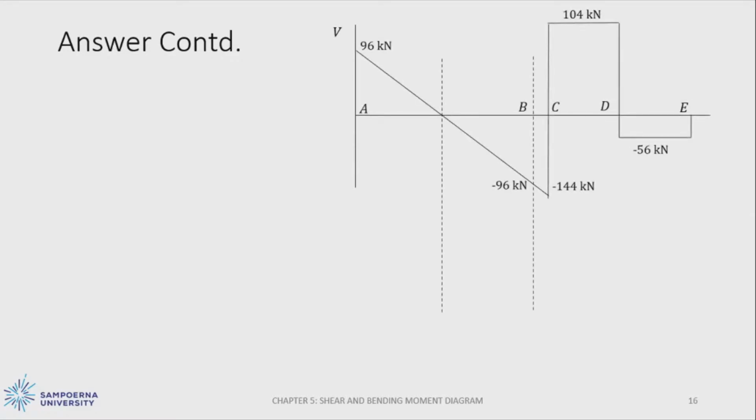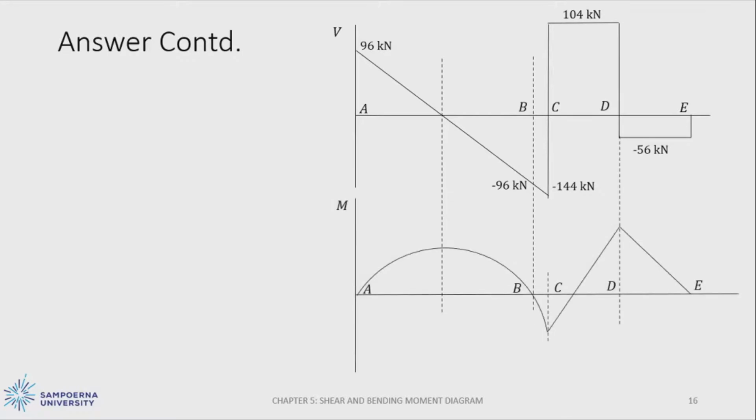From the shear force diagram that has been created, we can create the bending moment diagram of the system. Then for the value of the bending moment, we can obtain it from the calculation that has been done before, such as MA equal to 0. We have a 0 at this point.